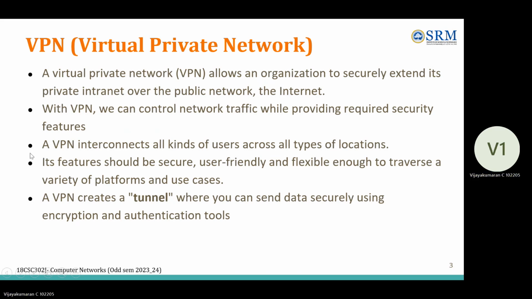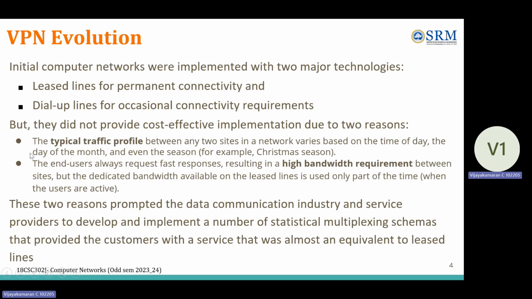Now we see the evolution of virtual private network. In the earlier days, computer networks could be implemented with two major technologies. One is the leased line for permanent connectivity. So you need to buy an IP address from the service provider. Then the required bandwidth will be allocated for you with the IP address. Then you can use this for your organization's needs.